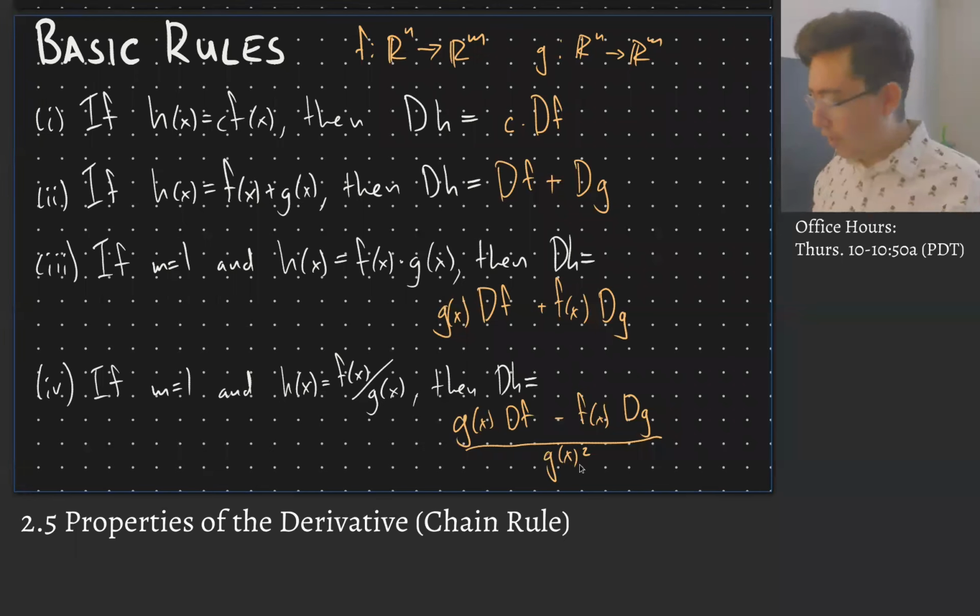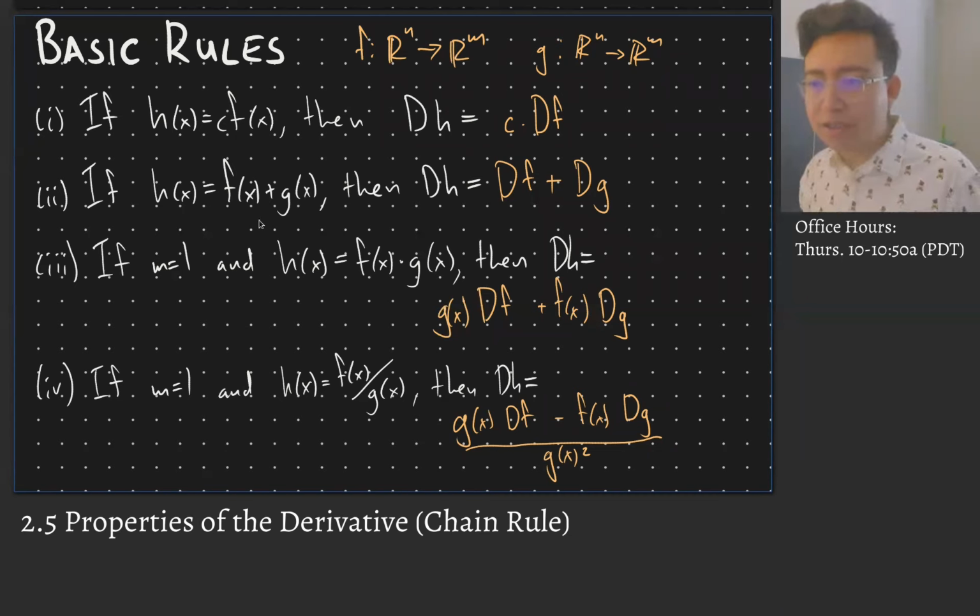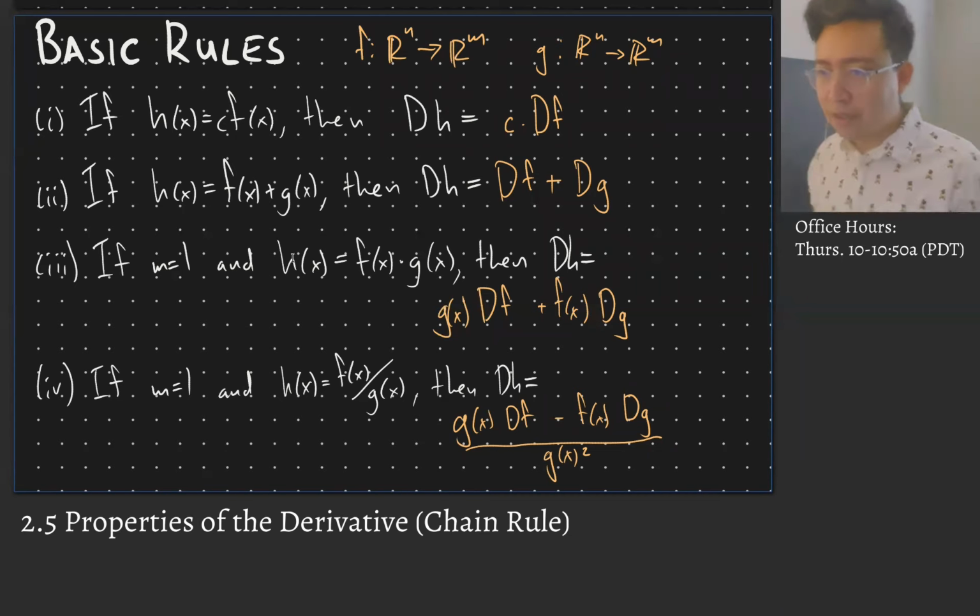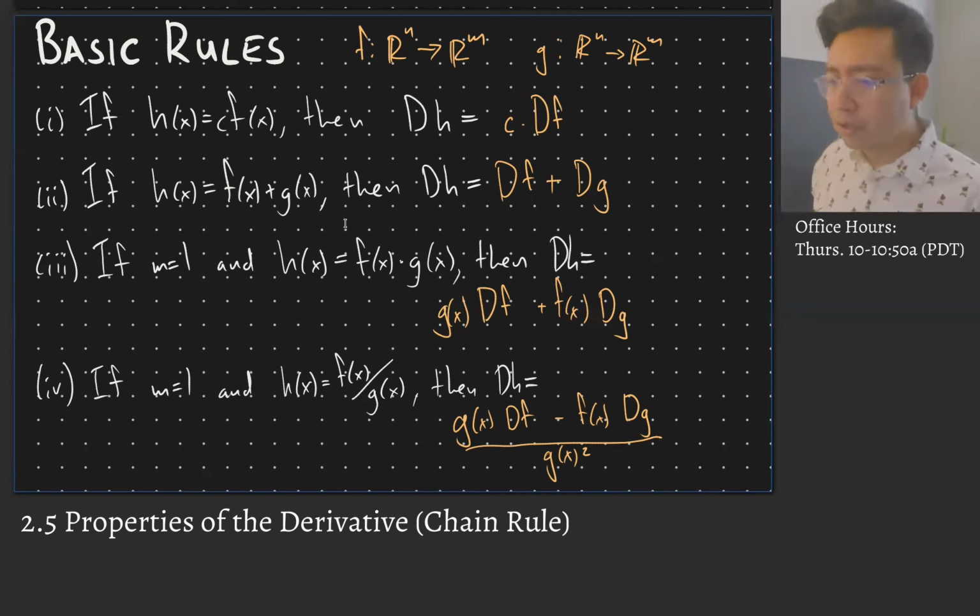Again, totally what you'd expect from the quotient rule, very similar to the quotient rule from single variable calculus. So basically what all this is telling us is that the matrix of partial derivatives behaves very similarly to the way we would have talked about just a regular old derivative in single variable calculus, right? Okay, cool.